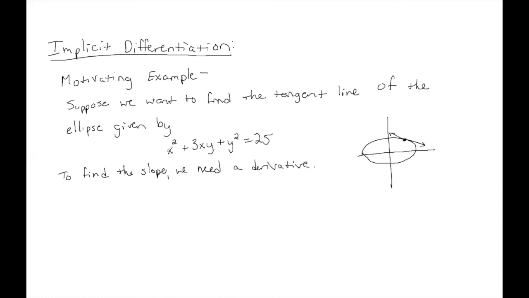Now, this is expressed in a strange way. I don't have f of x equals something. I don't have y equals something. I have x and y intertwined here. So in order to find the derivative, I need to write y equals something, meaning I need to solve for y.